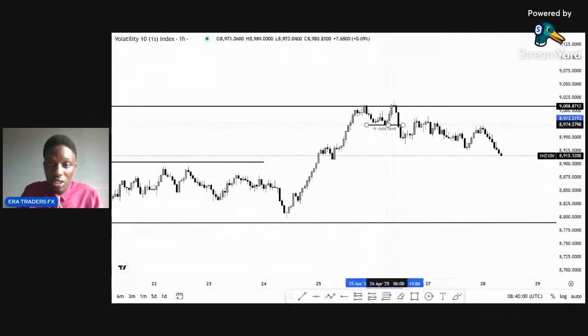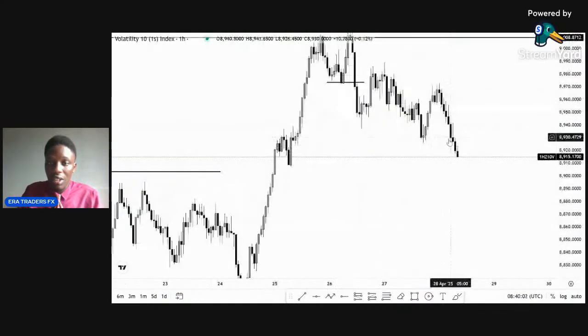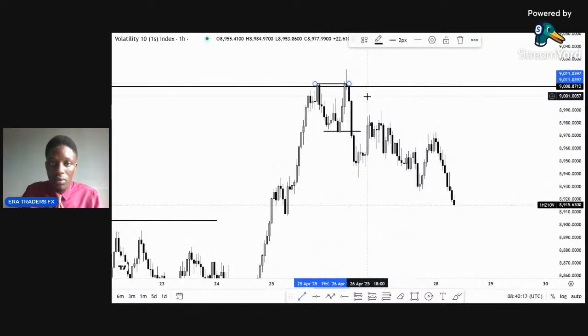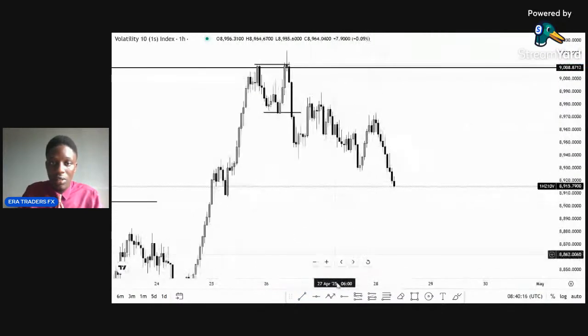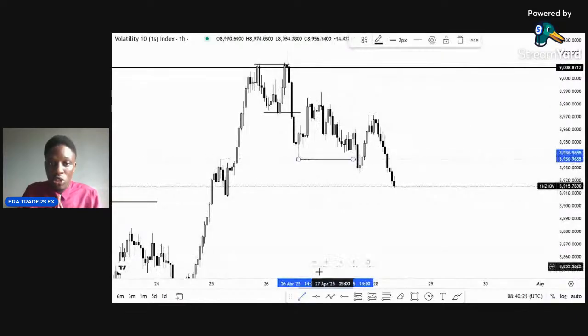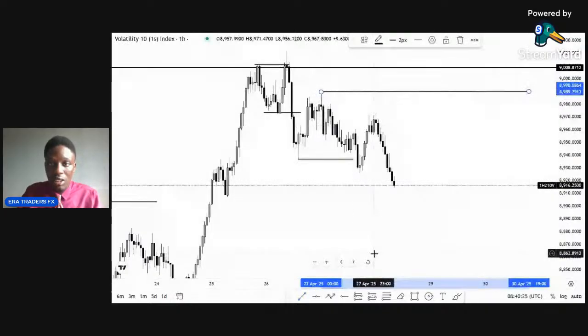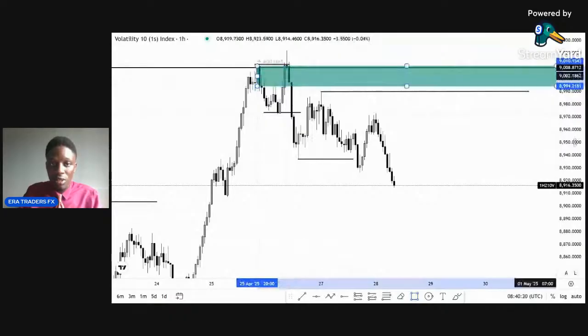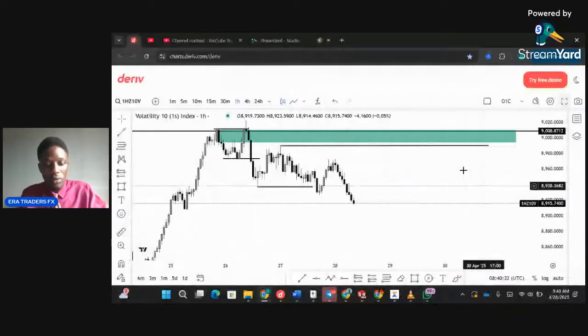This was the break of structure to the down. This was the sweep that we had. And now we had this second break of structure. So I'm just showing you where you can look out for sales again. This is structural liquidity, and wait for price to come into this region to look for sales yourselves.